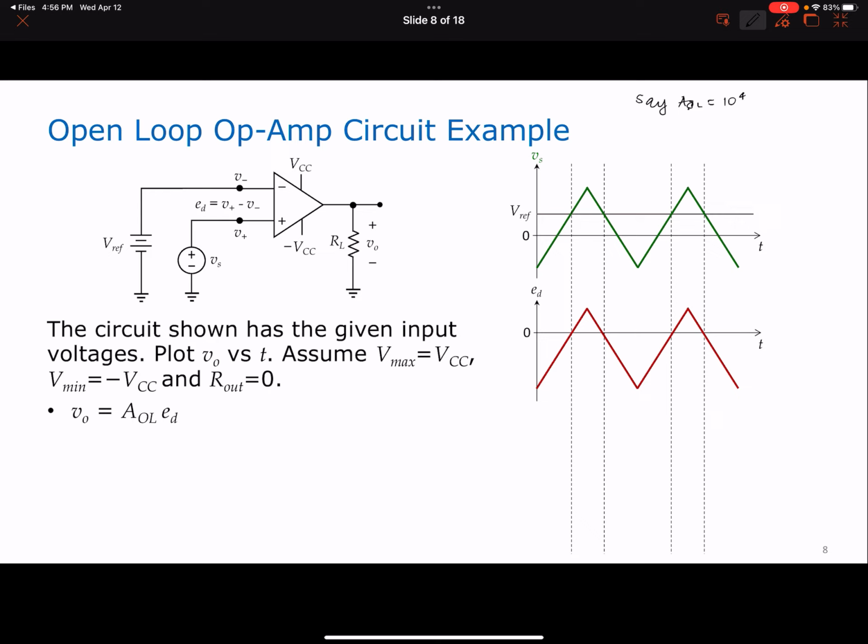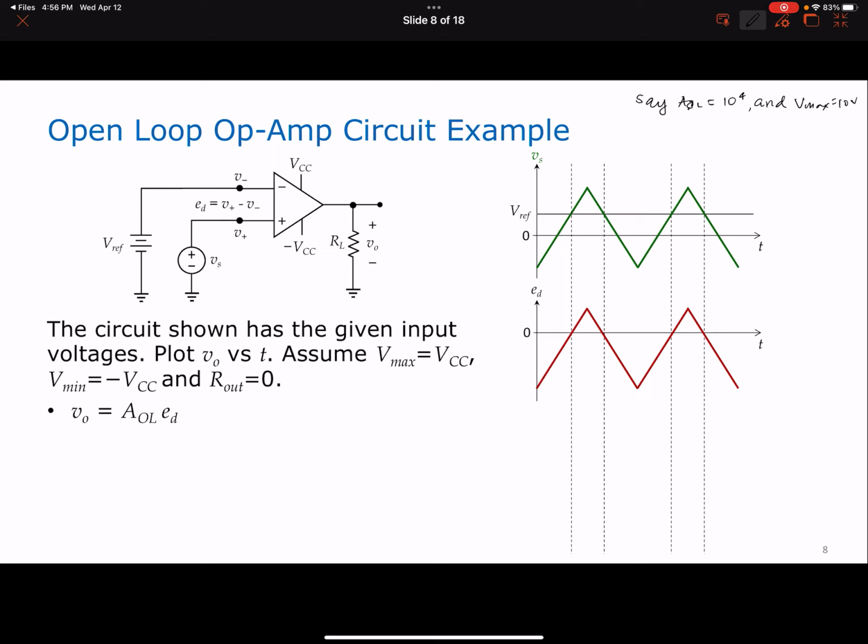And let's also assume Vmax is equal to 10 volts. So what would be the value of ED that would cause the output to saturate at 10 volts?